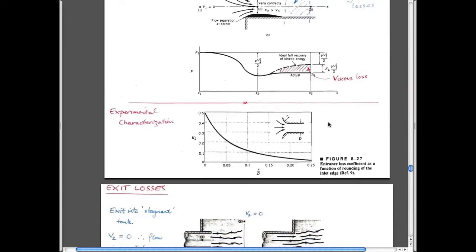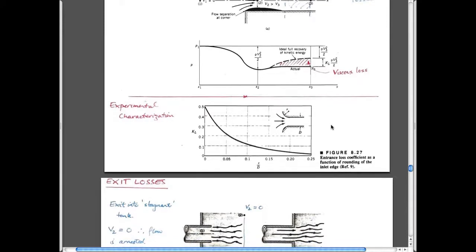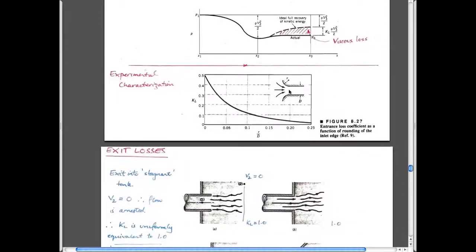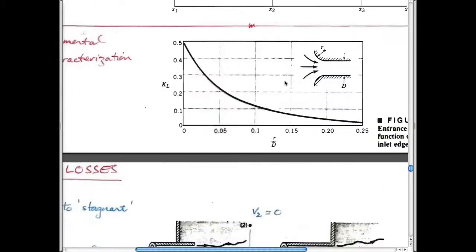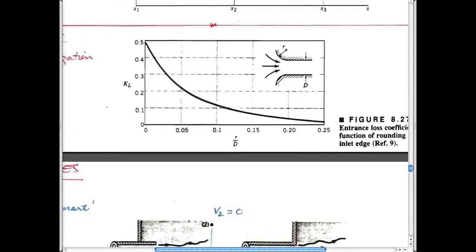And so you can imagine doing that as a function of the radius of curvature. I won't talk about the vena contracta, but this is an exposition of this. If you have really sharp corners, in other words where the radius of curvature is equal to some small number, then the loss coefficient is pretty big.